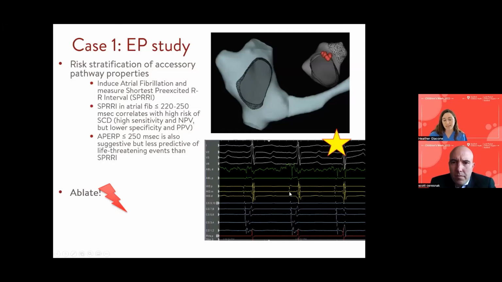Here are all of our atrial signals, and here are all of our ventricular signals in this row, atrial, ventricular. And you notice that this beat is different. This means that we're ablating up here, that the energy is being delivered, and that sudden change means that we were on the correct spot. We were able to get rid of that pathway.